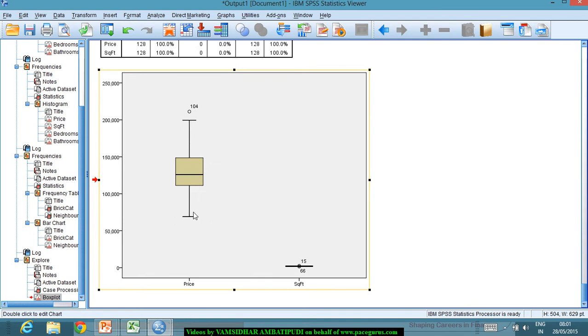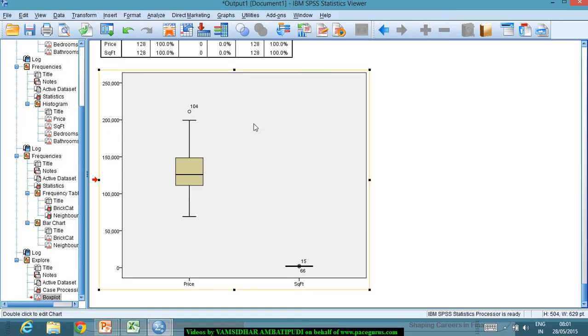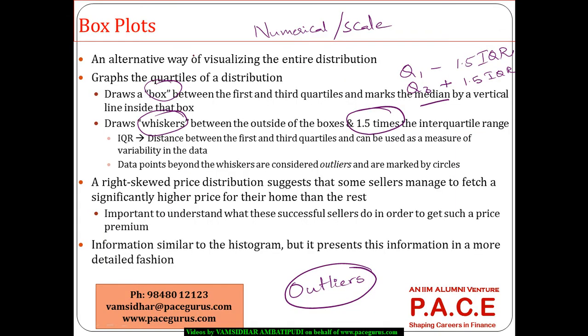This indicates that, based on the typical pattern of the data, these are the accepted values. Any value outside that has to be treated as an outlier, right?